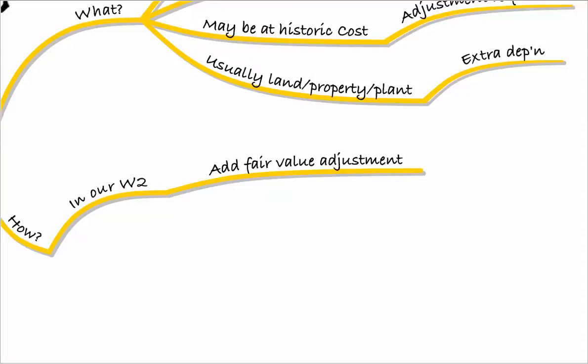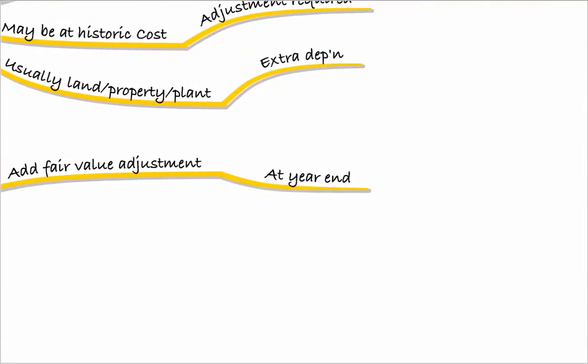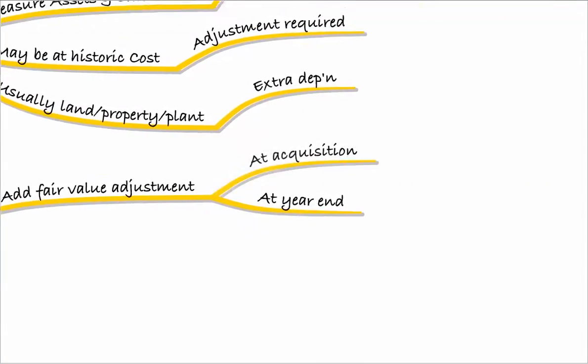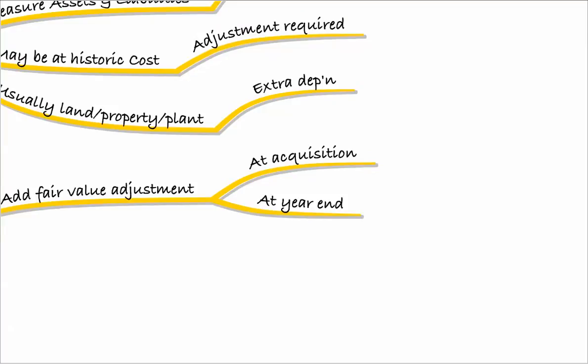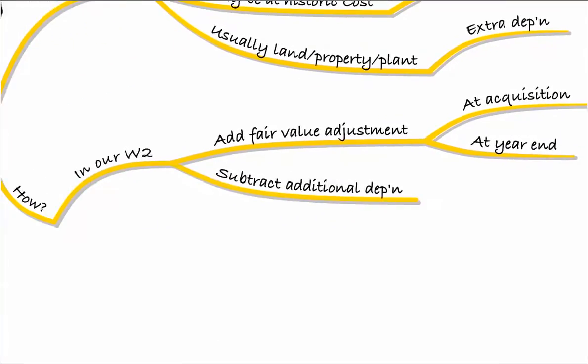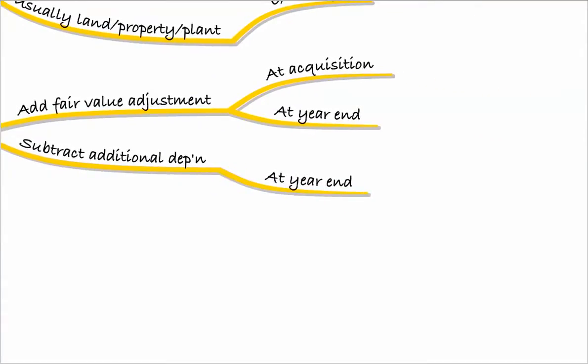We added it as a fair value adjustment to the net assets at the year end and at the acquisition date. If there was any additional depreciation required, then we subtracted that at the year end only in our working two.